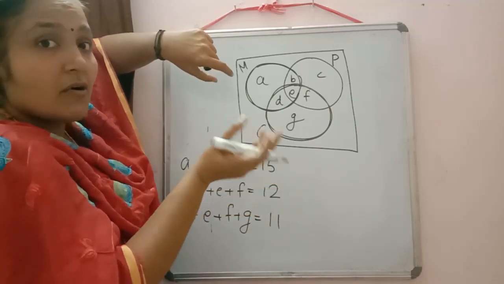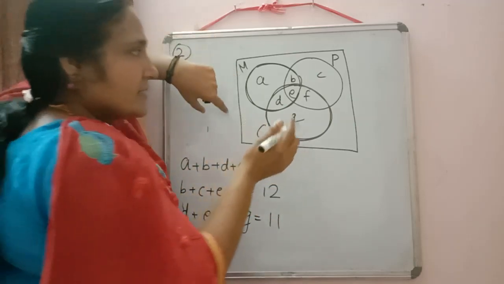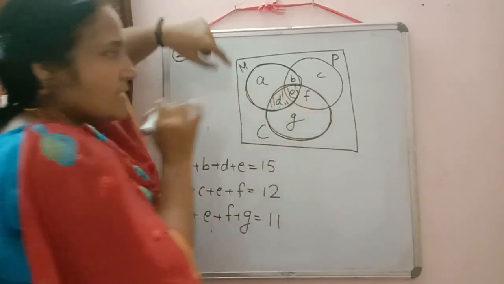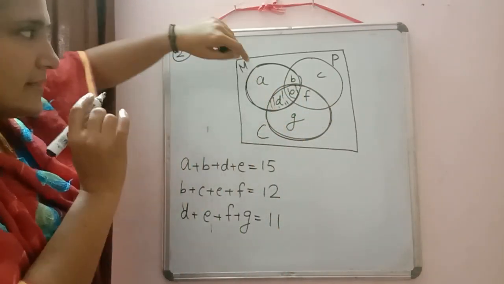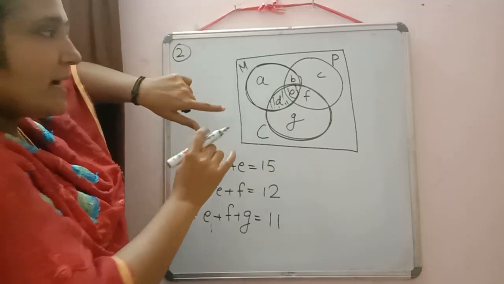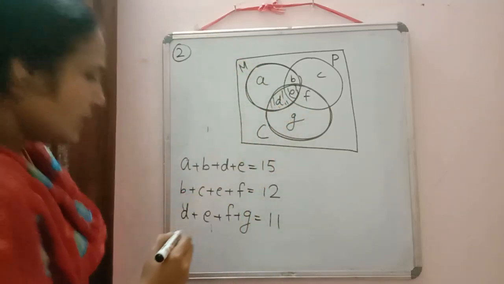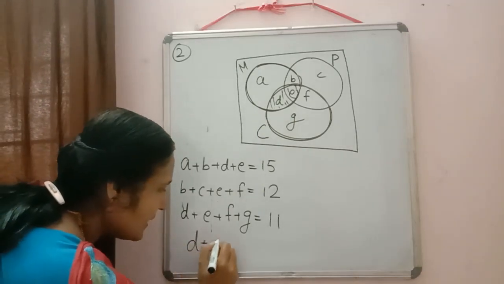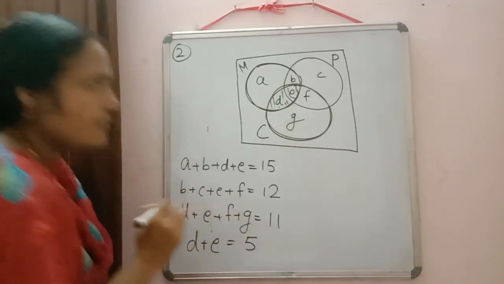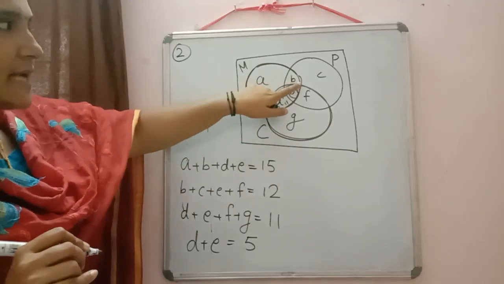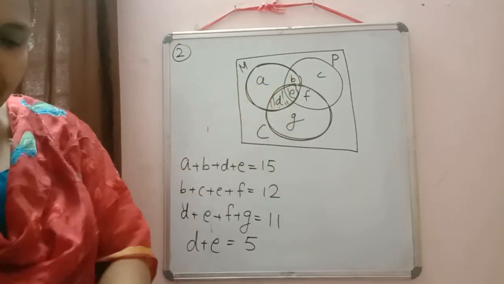Yes, this one is the common region we have in both mathematics and chemistry. And that common region is denoted by the letters D and E. So what we have? D plus E is equal to 5. 5 students have taken both mathematics and chemistry.